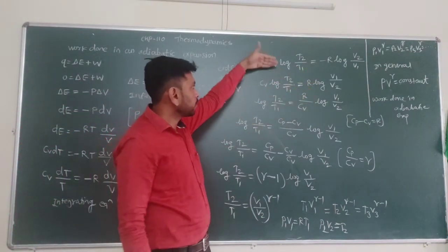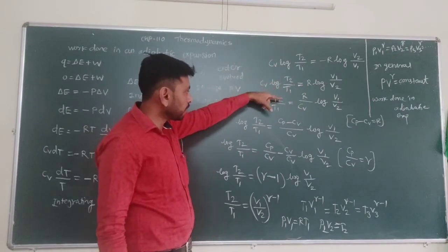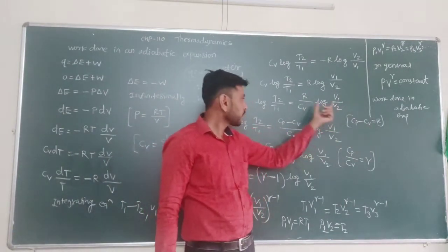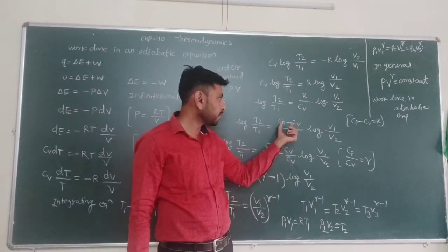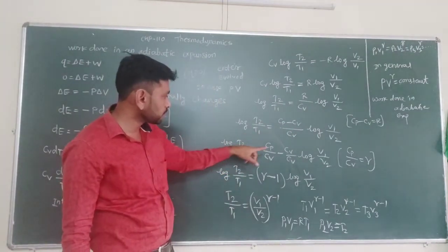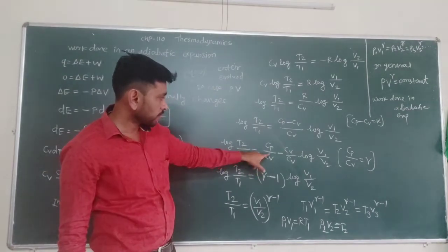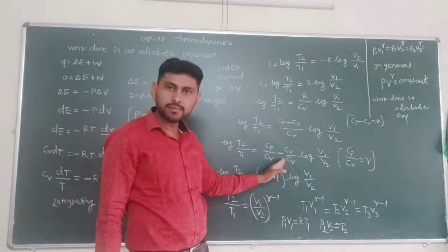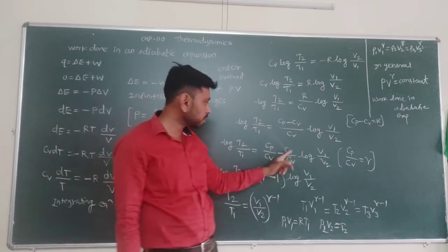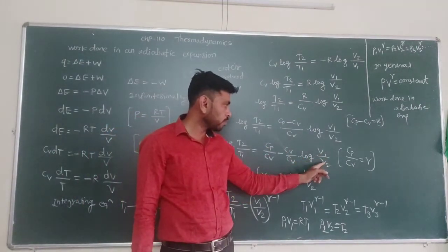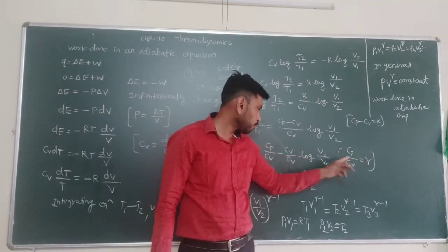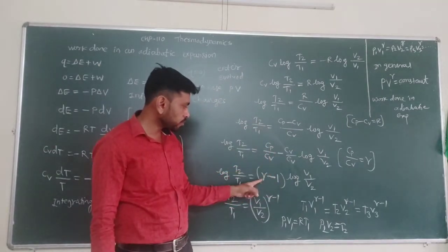Rearranging this equation and substituting the value of R, the famous equation Cp minus Cv, we get this equation. Then we rearrange again and separate the variables, obtaining Cp upon Cv minus Cv upon Cv times log of V1 upon V2, where we assume gamma for the term Cp upon Cv. So we replace Cp upon Cv by gamma.